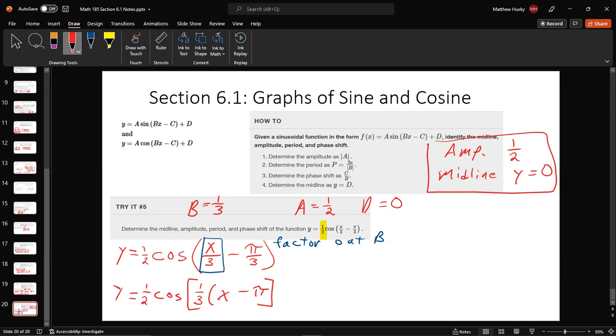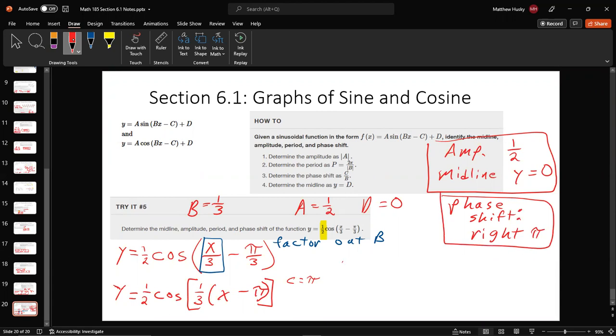I think my voice is giving out on me here, but so what's happening here, the value of b is 1/3, and then the value of c is going to equal pi. So the phase shift, since there's a minus sign there, you're going to go right by pi. That is the phase shift.